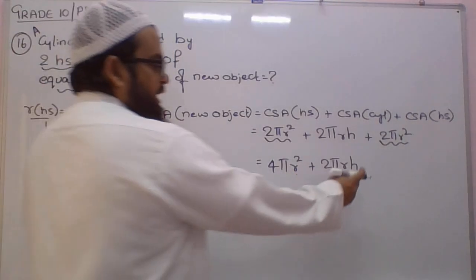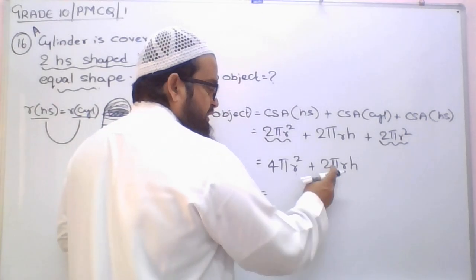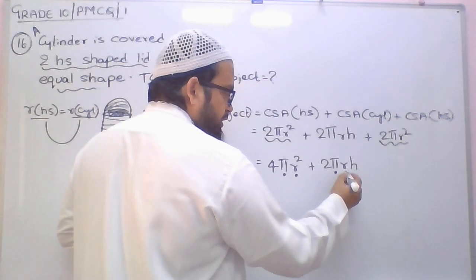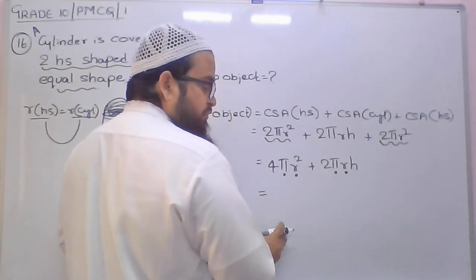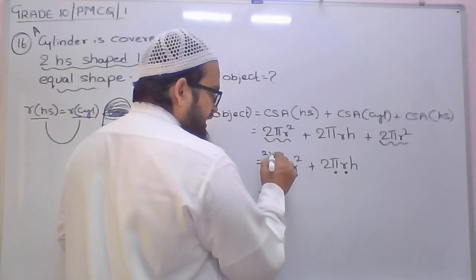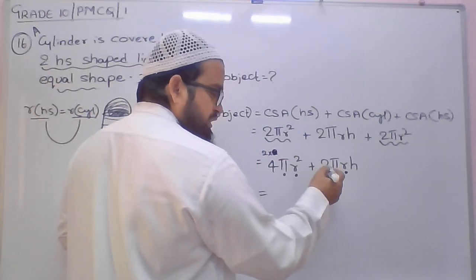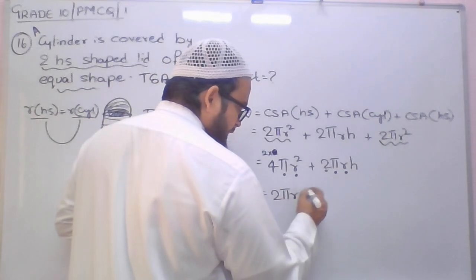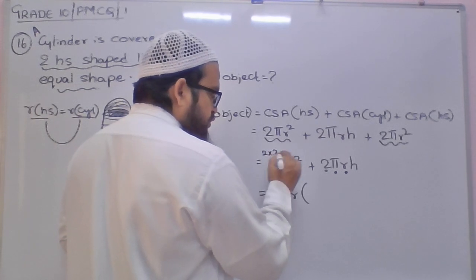We don't know about h, so can we take something common? Pi is common, and r, and here also r we have. And in 4 and 2, what can we take? 4 actually, can you write it as 2 into 2? So that means 2 is common. This 2 and this 2 is common. So let us take 2 pi r common. So when we take 2 pi r common, from 4, 2 2s are 4.